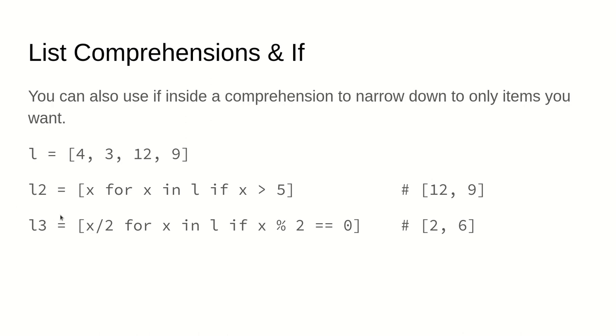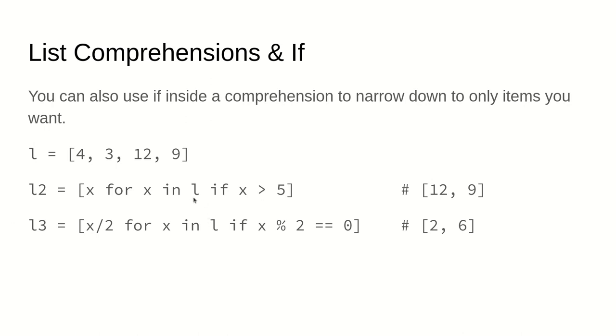Similarly, I can do more interesting and complicated things with these if statement comprehensions, these comprehensions that filter or narrow down. So here, the thing I'm doing is I'm dividing x by 2, but I only want to do it for values where x mod 2 equals 0, or in other words, numbers that are divisible by 2, even numbers.